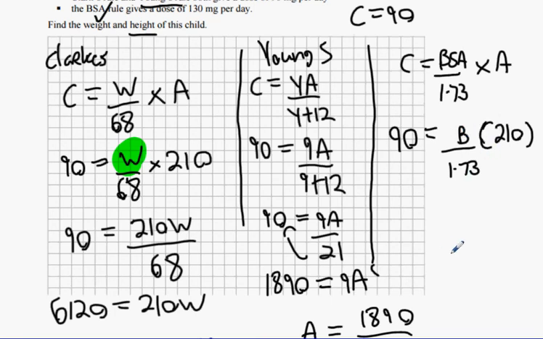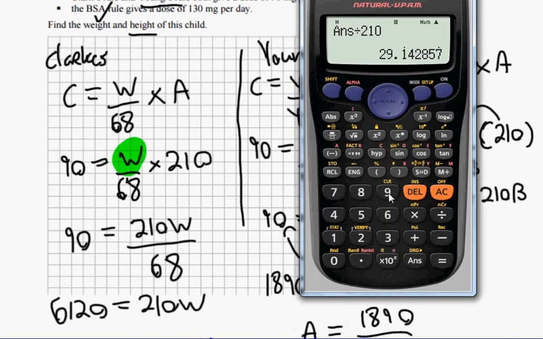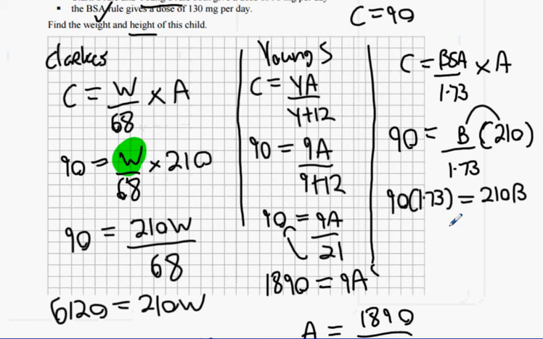So here's what's going to happen now, guys. You multiply 90 by what, Sean? And you get 210 B. Then once you do that, 90 times 1.73, what you get then is 155.7, and then you're going to have to divide it by 210.